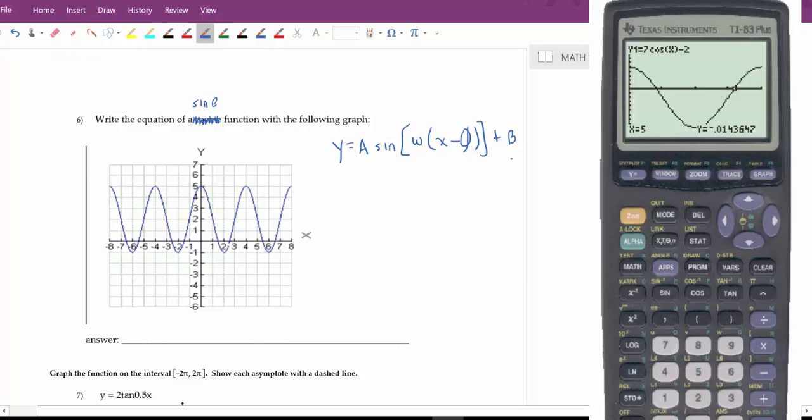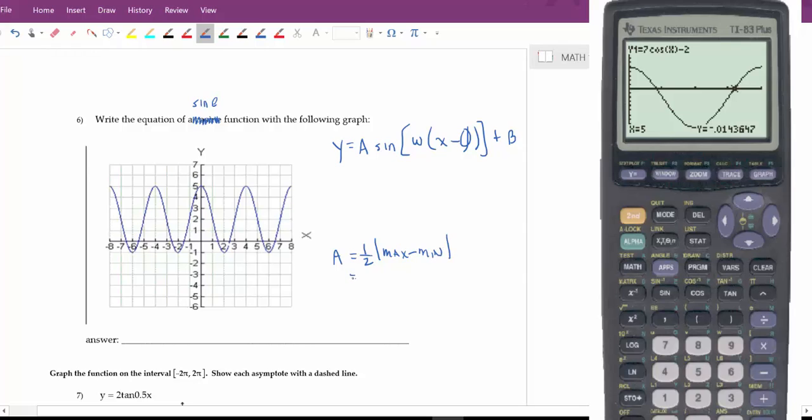The first thing we're going to look at, if we're going to do a sine wave, I'm going to show you how to do it just kind of mechanically, and then I'm going to show you how your calculator will do this automatically for you anyway with what's called a sinusoidal regression equation.